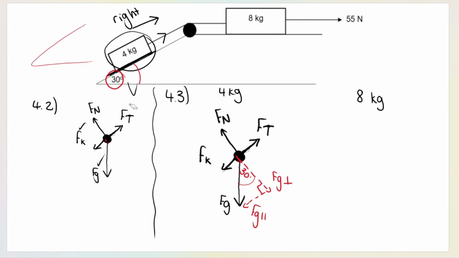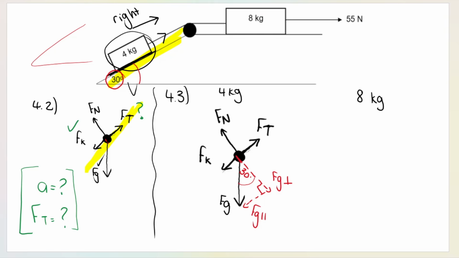If you think about all the forces acting in the parallel direction, because remember the box is accelerating in the parallel direction, I don't know tension, I know friction, I can work out FG parallel, but I also don't know acceleration. So basically what I'm trying to say is we have 2 unknowns here. Acceleration is unknown and tension is unknown.